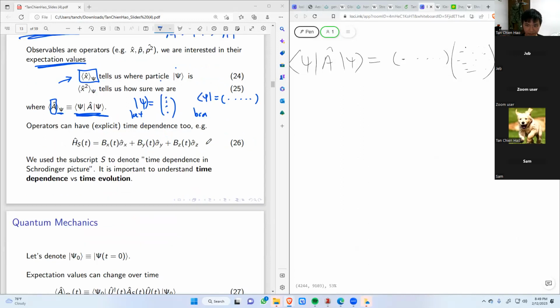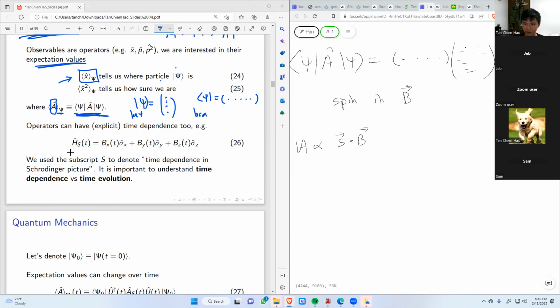But these operators could have time dependence as well. For example, if our Hamiltonian, which represents the energy, is for a spinful particle in a magnetic field B, we know there's an energy associated with the spin in the magnetic field.